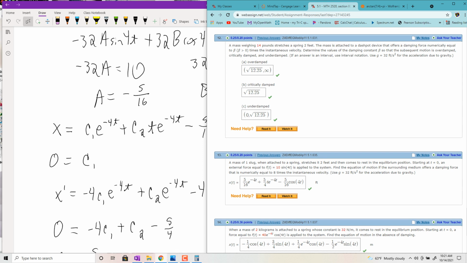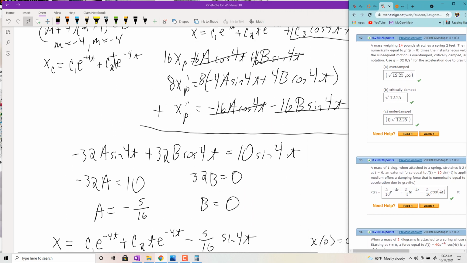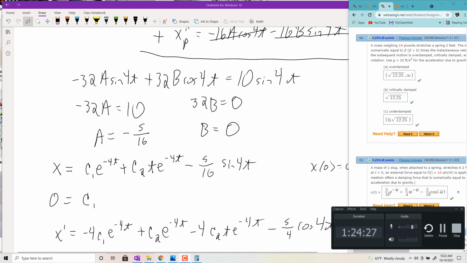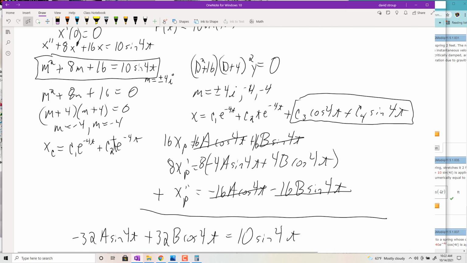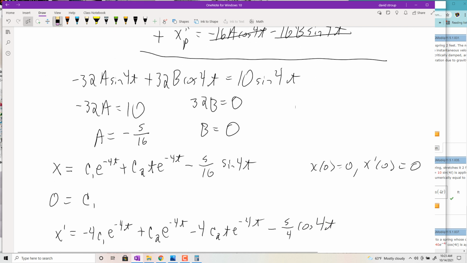String at t equals 0, so it stretches at 2 feet, and then it's at rest in equilibrium, so it's x of 0 is 0. Did I miss something? So let me pause and look for it. Okay, I see the issue. The A is actually with the cosine, so it's not sine here, it's actually cosine. That'll change things. Sorry about that.